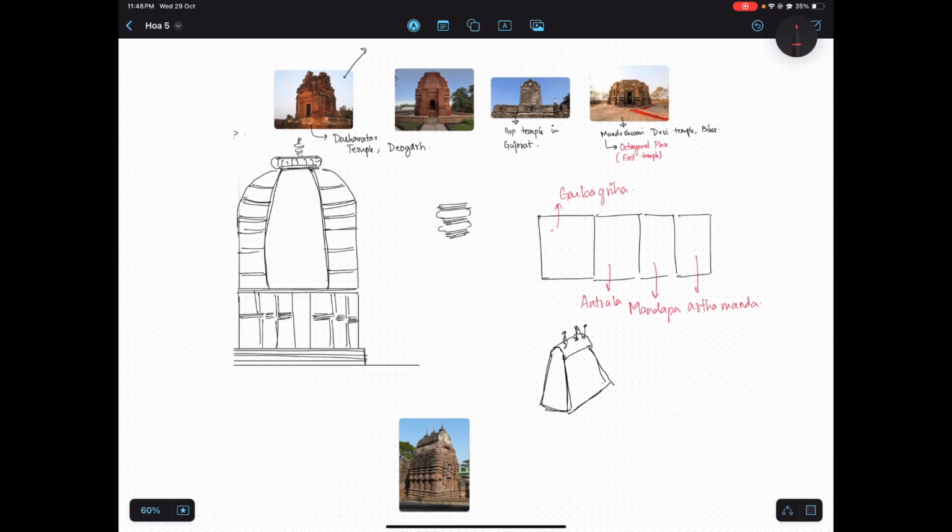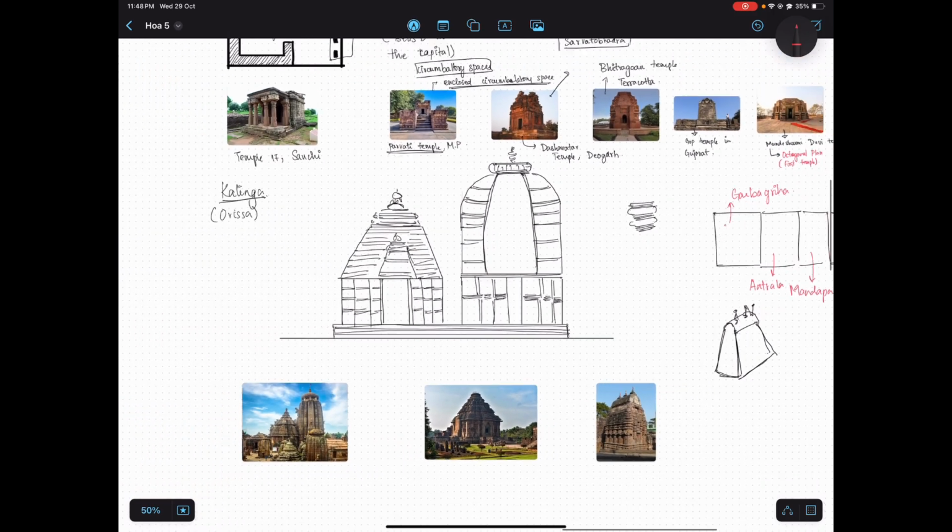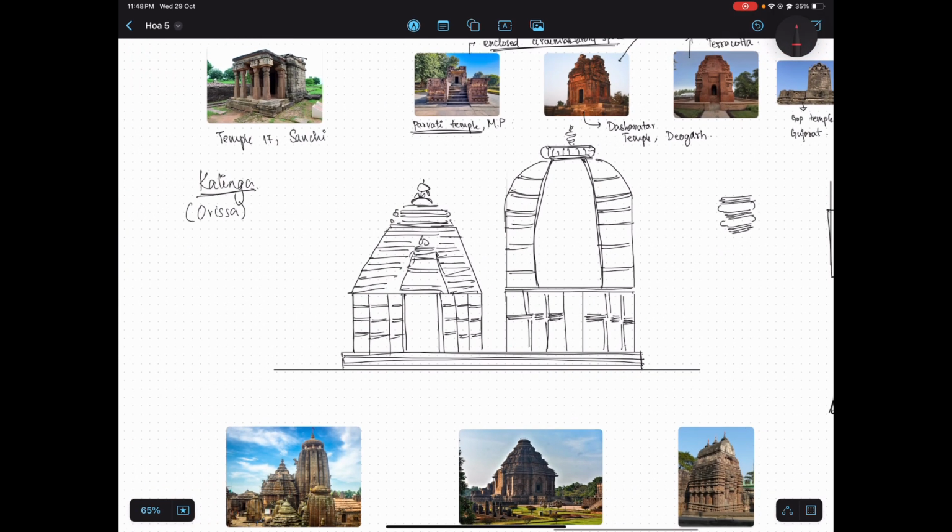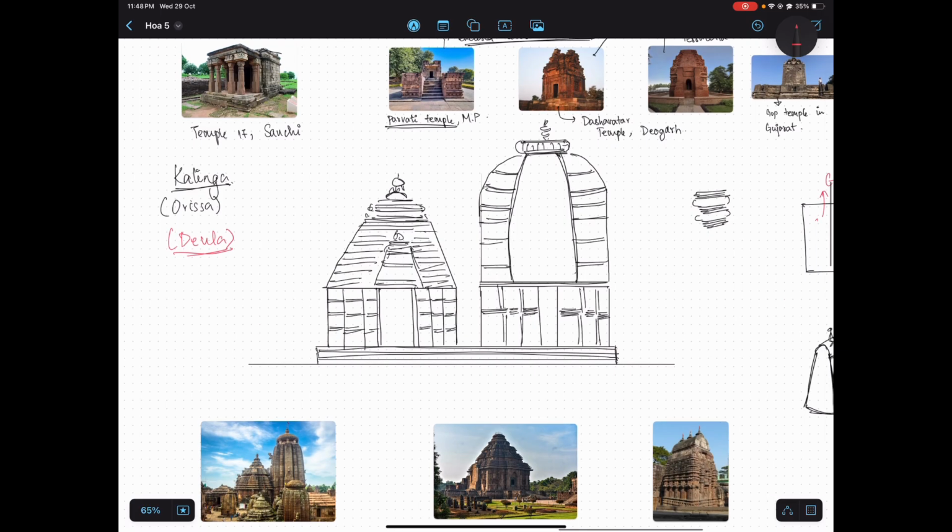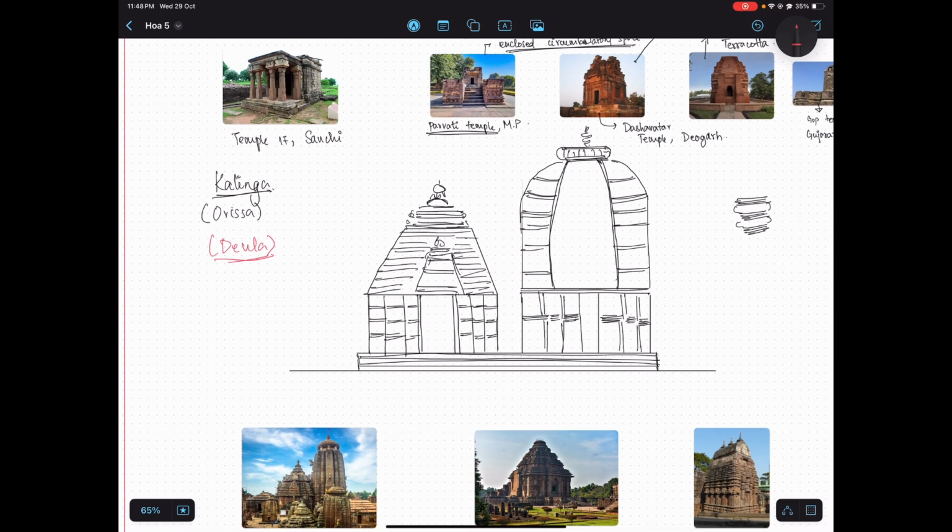Now if you look at the elevation, the Shikhara is called Deula in Orissa, or the Kalinga style. Shikhara is the superstructure on top of the Garbhagriha.